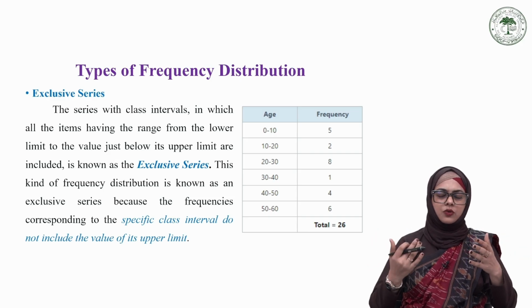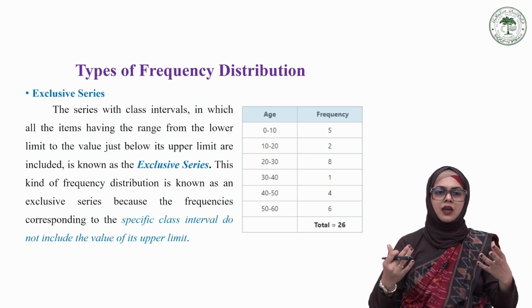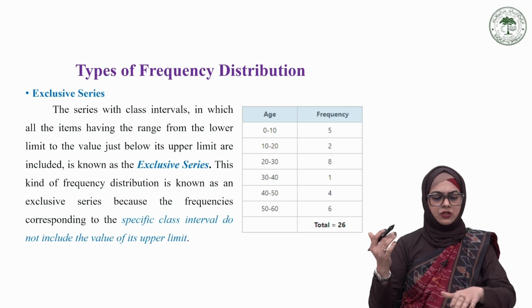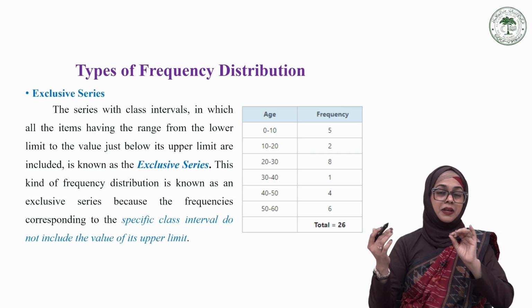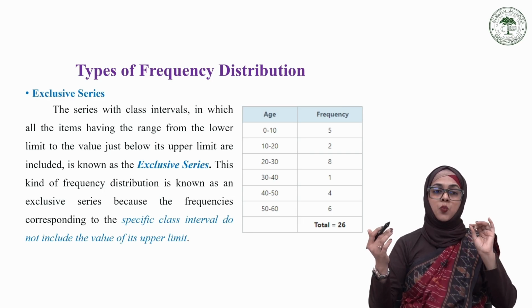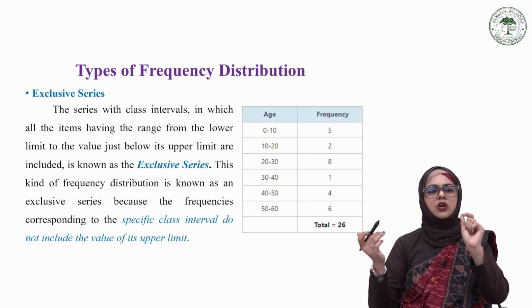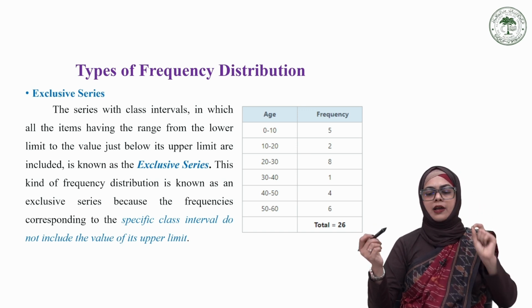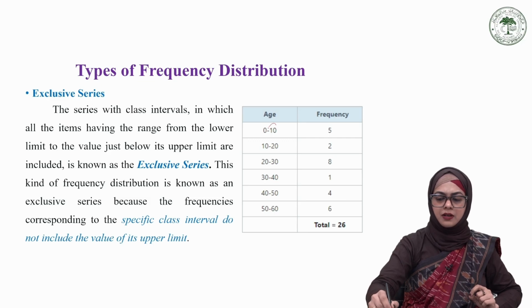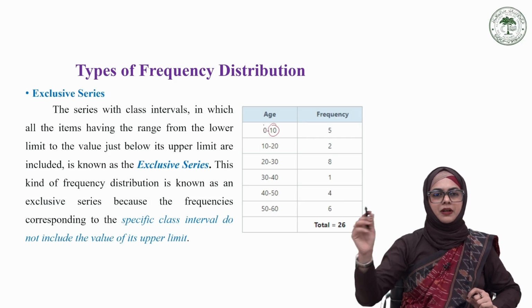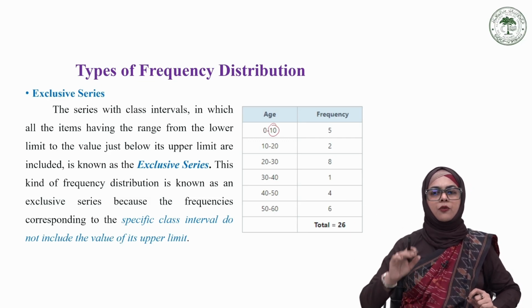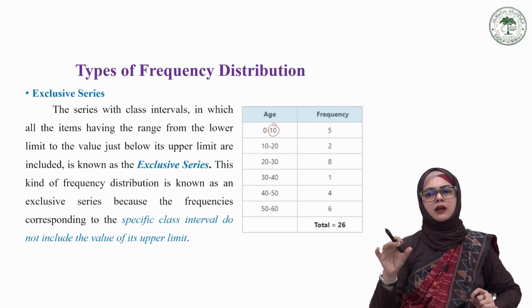In simpler words, it's a frequency distribution which can be labeled as exclusive series when the frequency corresponding to a specific class interval does not include the value of its upper limit class, right?